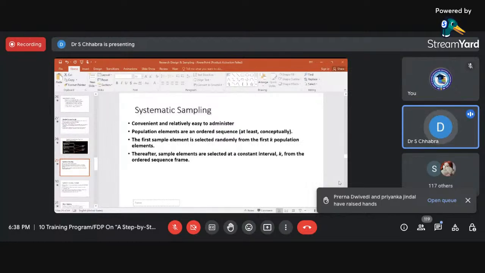Remember only one thing, that systematic sampling would yield a result provided you have not done anything with the list. It's not alphabetically arranged, it's not gender-wise arranged, and there is no pattern in the list, such that after every 10th number a certain thing is repeated. Try and get my point.